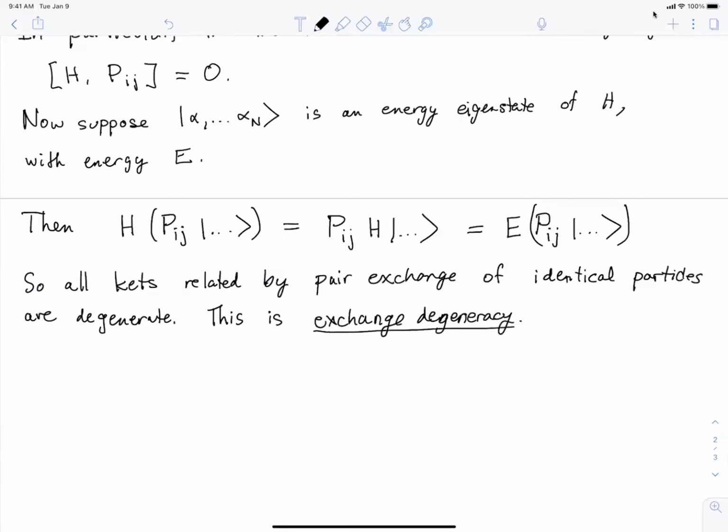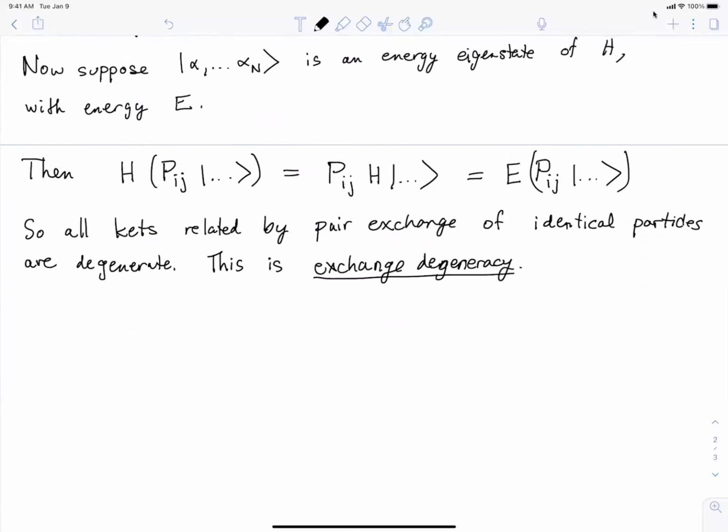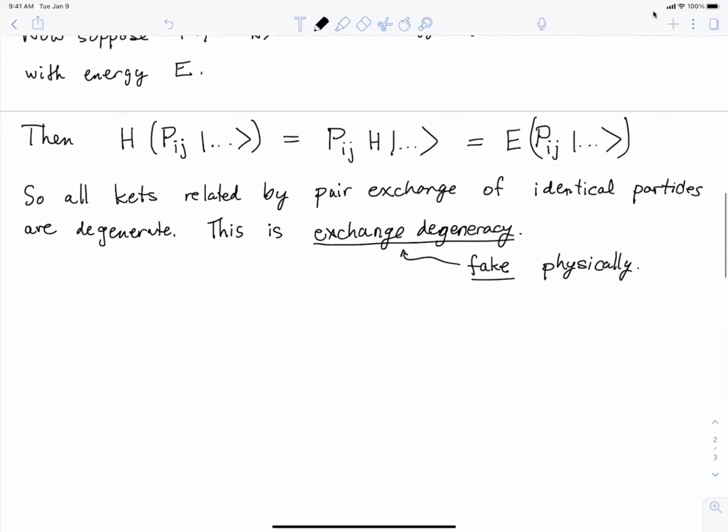Okay, so the most important thing you have to realize about exchange degeneracy is that it's mathematically true and it's physically a complete fake. So this is fake physically. Okay, and so just for example, let's say we only have two particles.